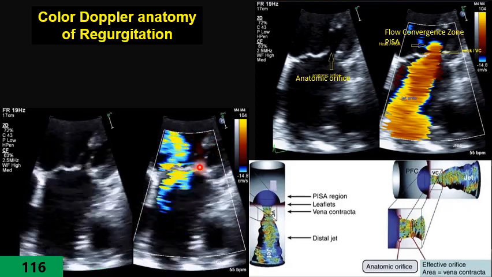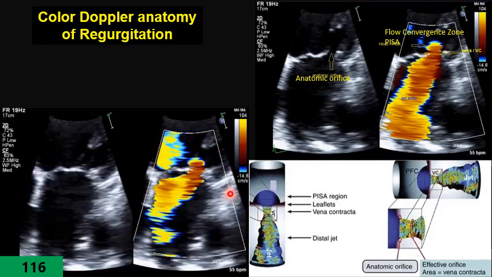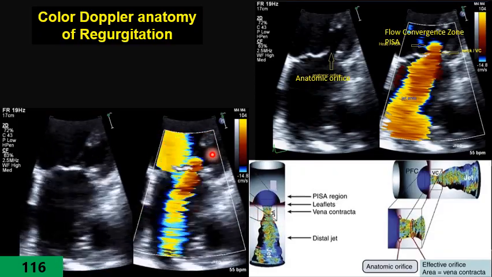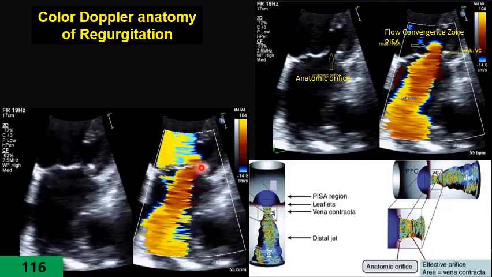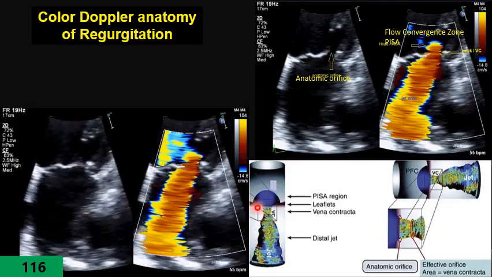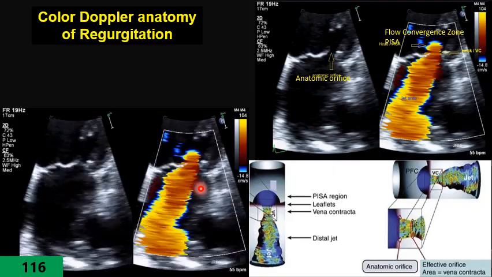The canal of the coaptation or orifice has a role in creating this narrowing. It acts like a lens: depending on the size, length and shape of the orifice canal or coaptation, the size of the neck and the vena contracta will be different. I will talk about the vena contracta separately.